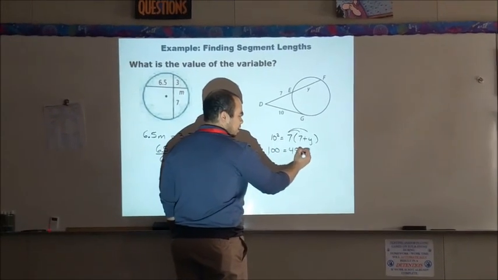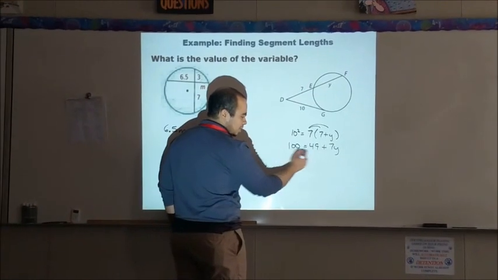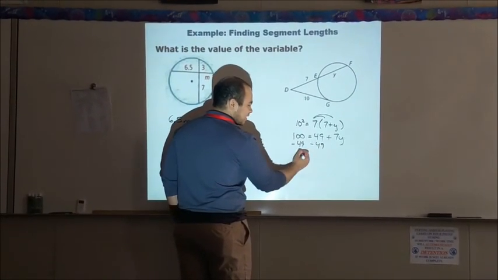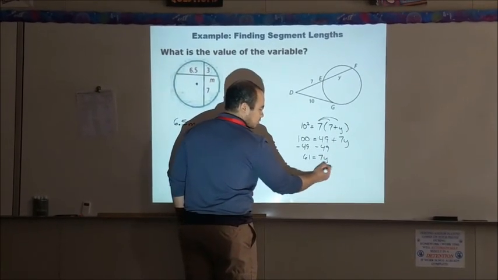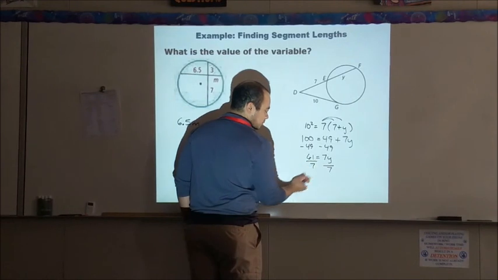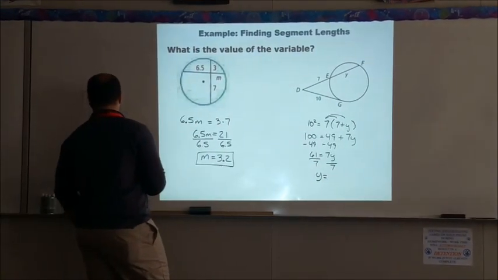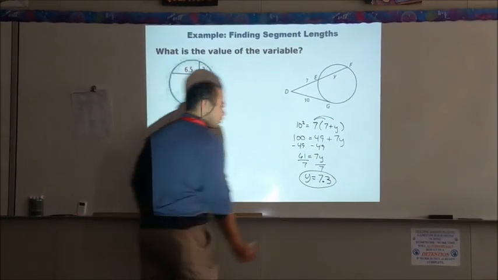So we've got 49 plus 7y. We'll subtract 49 from both sides. That gives us 61 equals 7y. We're going to divide by 7. And in this case, you're going to get y equal to 7.3. And yes, we're getting a lot of decimals. You're okay to get decimals.